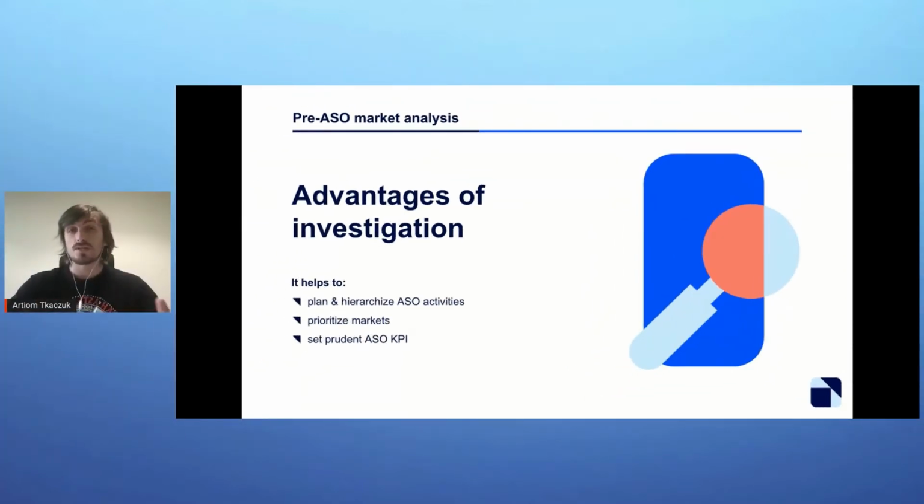This pre-ASO investigation allows us to insert App Store optimization into our marketing activities in the most effective way. Thanks to such market analysis, we can prioritize the markets and choose the countries that would be the most effective to target from the very beginning.